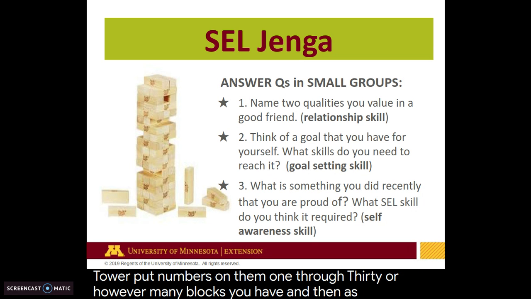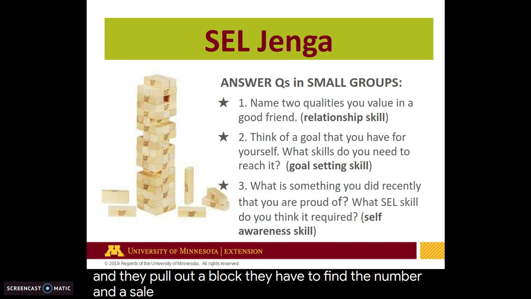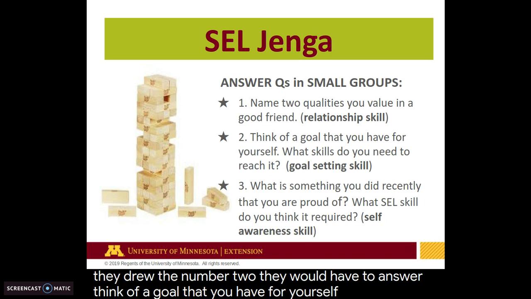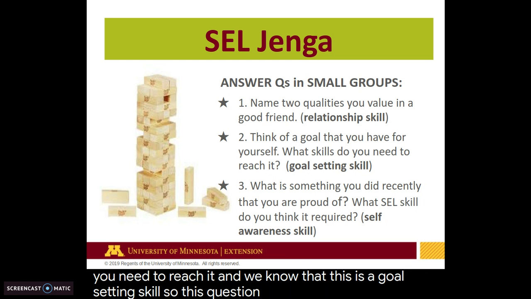As people play and pull out a block, they find the number and associate it with a question on a list. If they drew the number 2, they would have to answer, think of a goal that you have for yourself. What skills do you need to reach it? This is a goal-setting skill, so this question helps them think about goal setting.